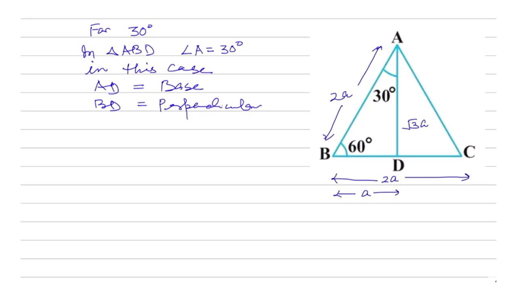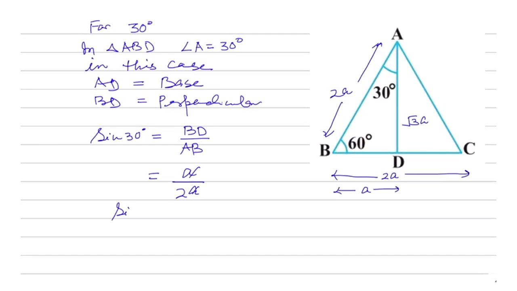Therefore, sin 30 degree is equal to BD upon AB, that is equal to A upon 2A. A is cancelled out, so we have sin 30 degree is equal to 1 upon 2.